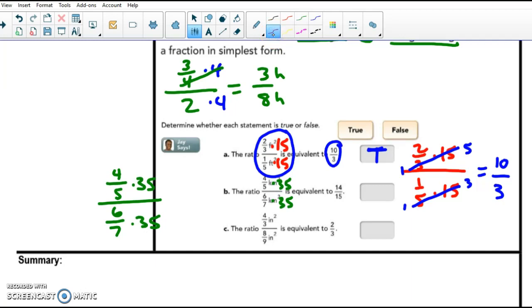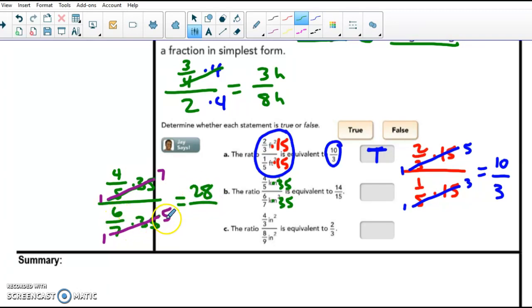So as I work this out, my 5 and 35 will cross cancel. 35 divided by 5 is 7, so this becomes 7, this becomes 1. And down here, 7 and 35 will cross cancel. 35 divided by 7 is 1, so this becomes 5. So what I truly have in my numerator is 4 times 7, or 28.